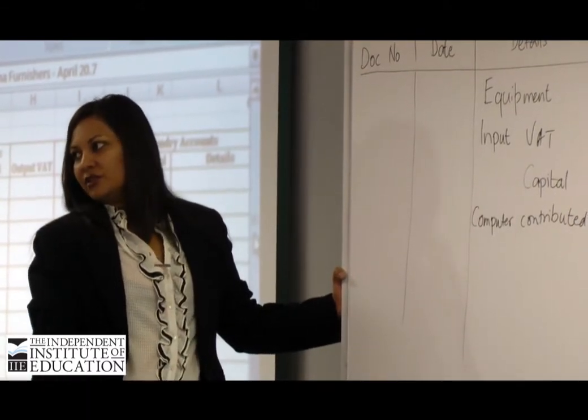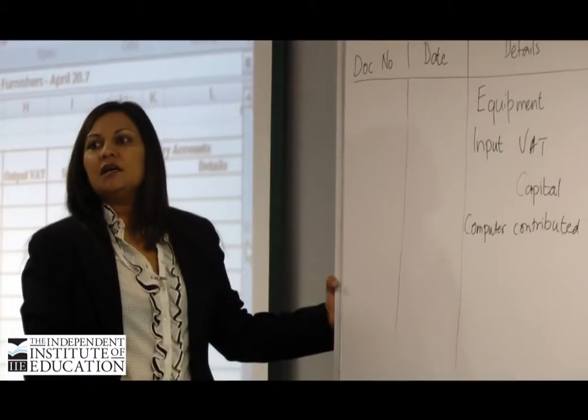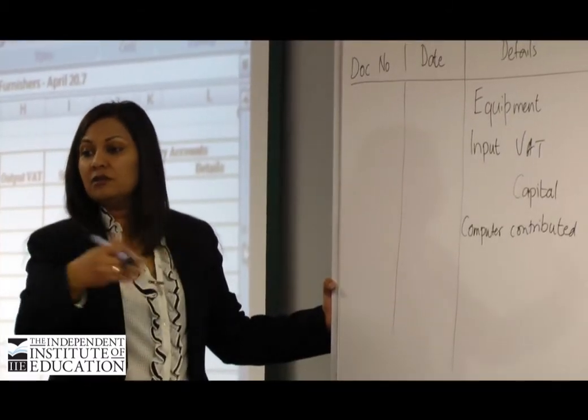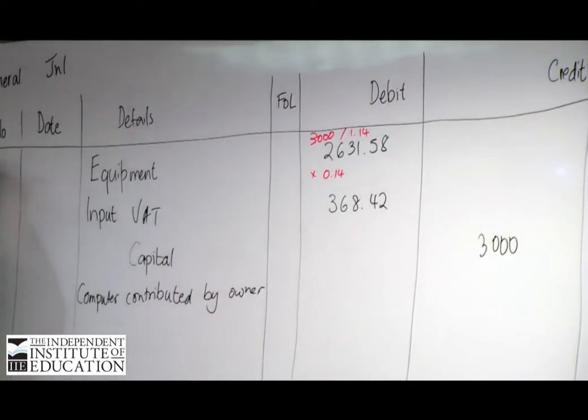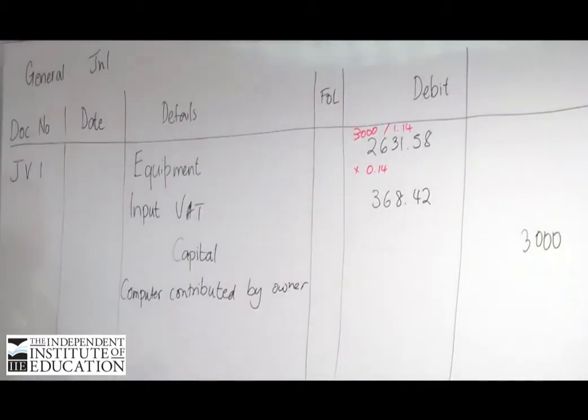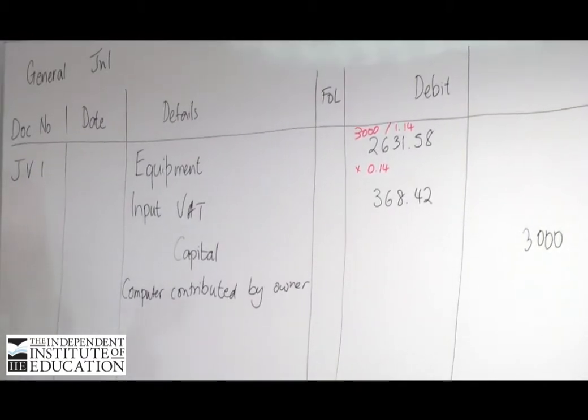Any questions about the general journal? Yes? If they don't tell you what voucher number it is, do you just presume it starts at 1? Yes. They might give you the first one, and then it will be consecutive thereafter, right? So we'll just say journal voucher 1. And what date did this happen on? First, right?